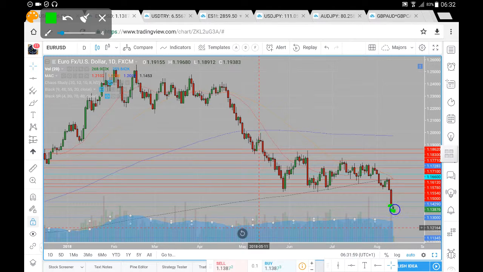We've had a gap down in the market, and we are seeing a bit of a recovery here on the euro dollar. So we do have to be aware that we might see a test of that 114.29 before possible continuation to the downside.